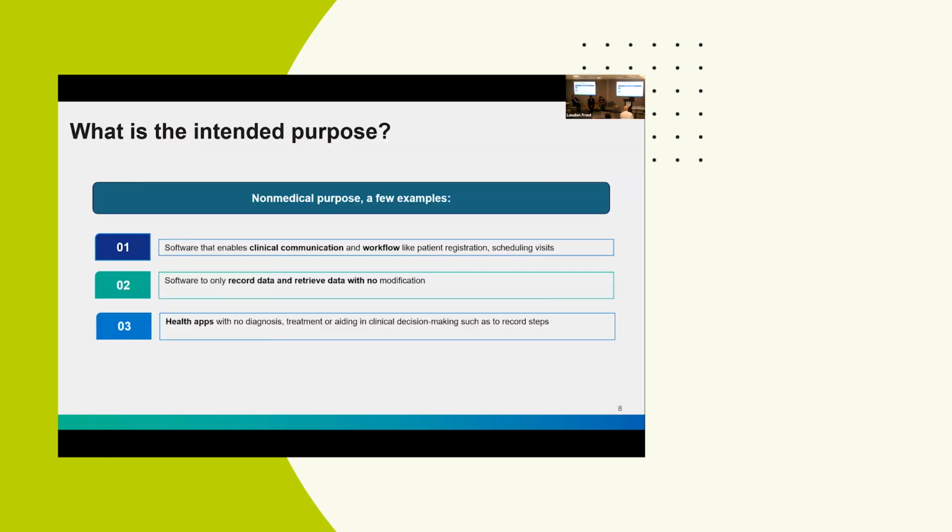So I'll give you some examples which will hopefully explain this in a better way. Some of the non-medical purposes, for example, if you're using a software that's enabling clinical communication or workflows, like things to schedule patients' visits or patient registrations, these are clearly defined as non-medical purposes.